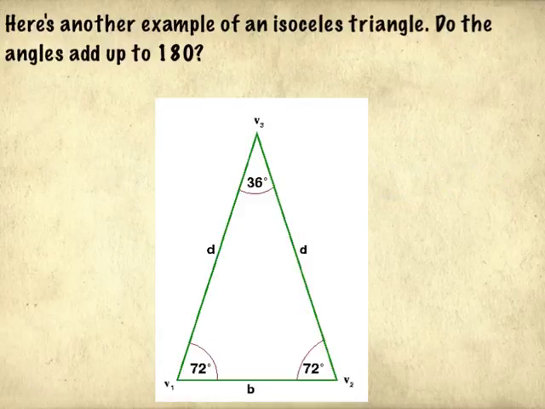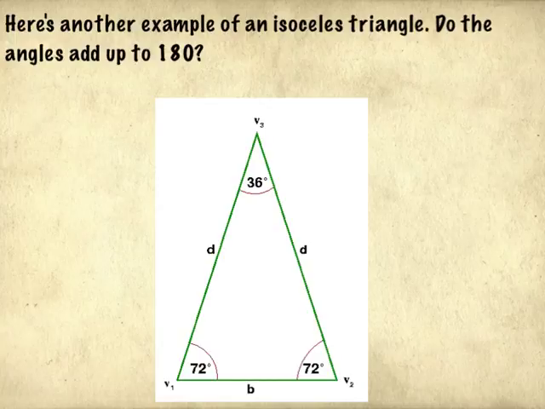So here we have another example of an isosceles triangle. You can see that these two sides are both labeled D, so they're going to be the same length. This side is labeled B, it will be different. These two angles are 72 degrees, they're the same, and this one's 36, it'll be different. So that checks out for an isosceles triangle, but we still need to make sure these angles add up to 180 degrees.